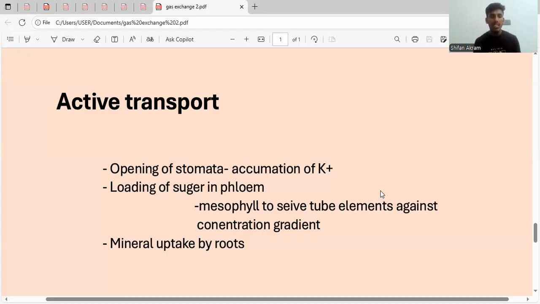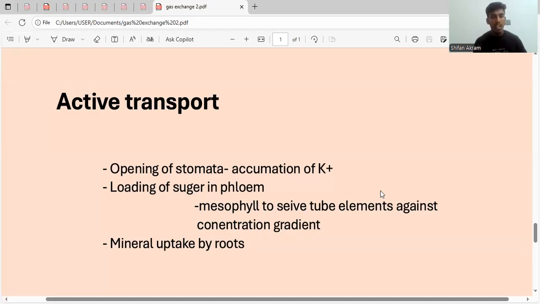From companion cells to the sieve tube elements, where transportation takes place, it occurs through active transport because the sieve tube elements already have a high concentration of sugar. Because of that, sugar moves from low concentration to high concentration into the sieve tube elements. So this is another place where active transport is involved.